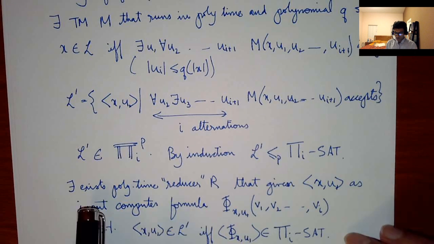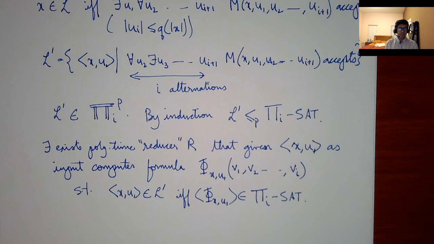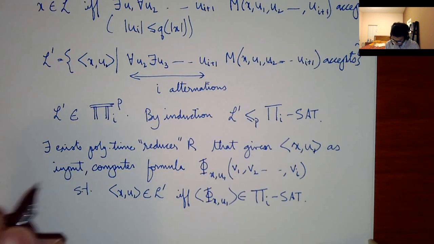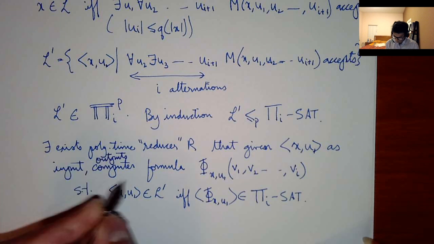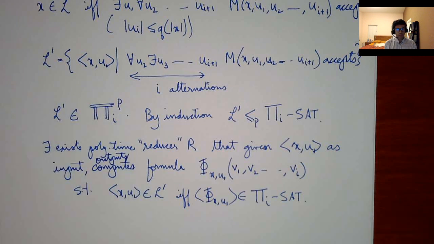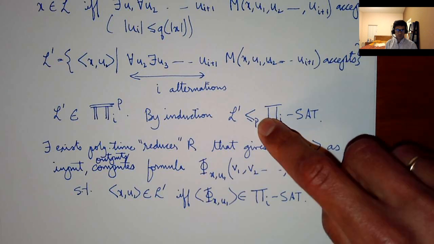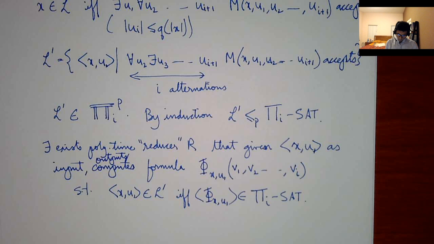Now, what does that mean? It means that there exists a polynomial time reducer. It's a polynomial time procedure that, given x u1 as input, computes a formula phi x u1 such that phi x u1 is in pi I sat. I'm just stating what it means for there to be a reduction. So let's open up this procedure.